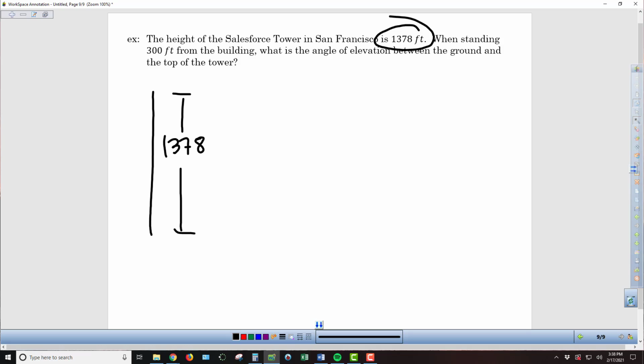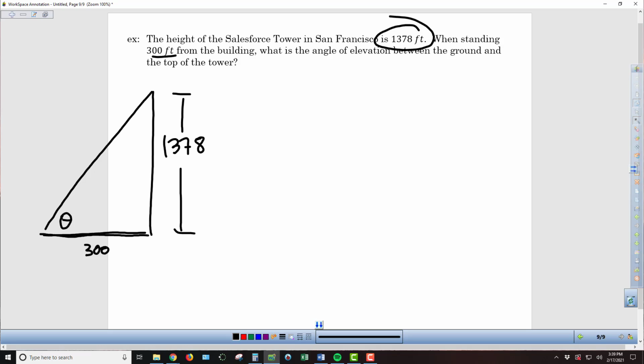And then it tells us that standing 300 feet away from the building, we want to figure out what's the angle of elevation. So if I move over this way, here's 300 feet. So the question is, which angle, if I make a triangle now, is my angle of elevation? So if you'll recall, angle of elevation and angle of depression are always made with the horizontal. So that means this is the angle that I'm interested in.